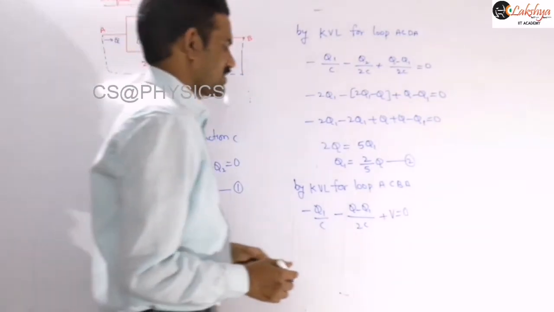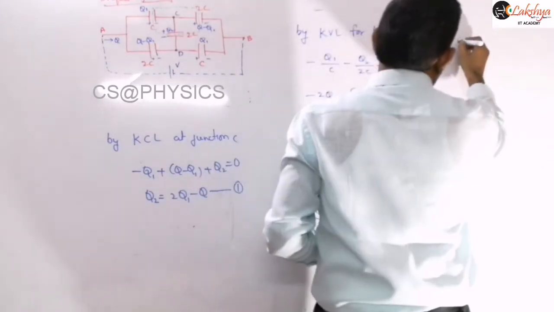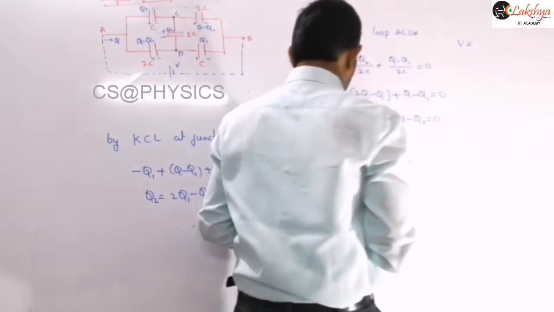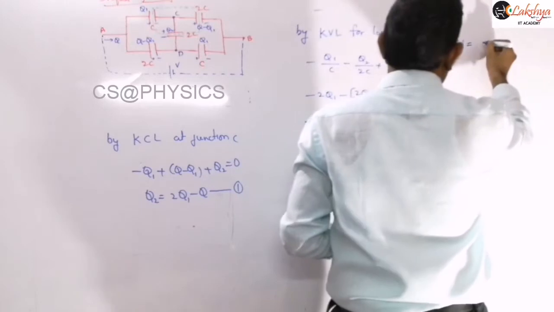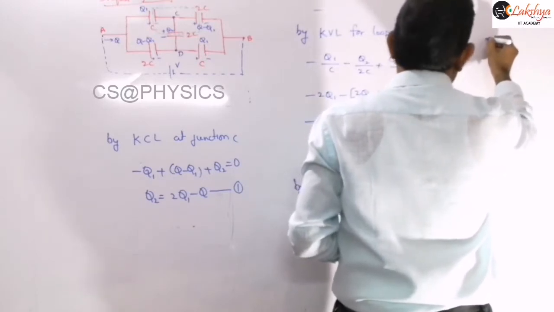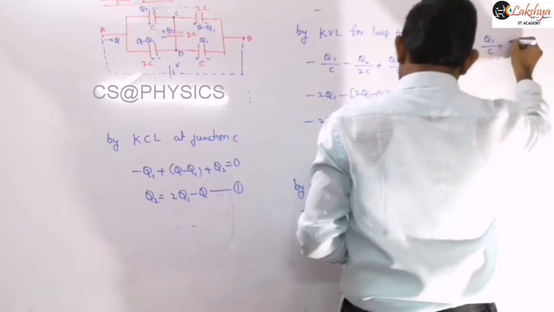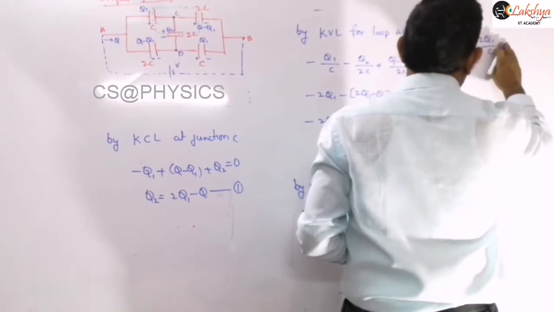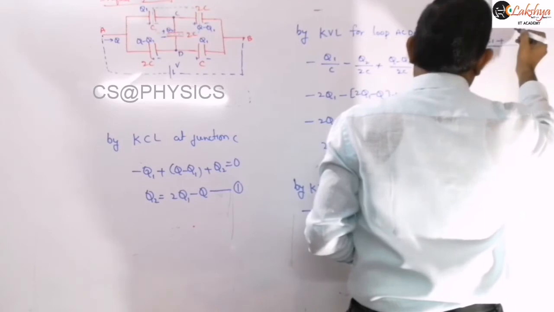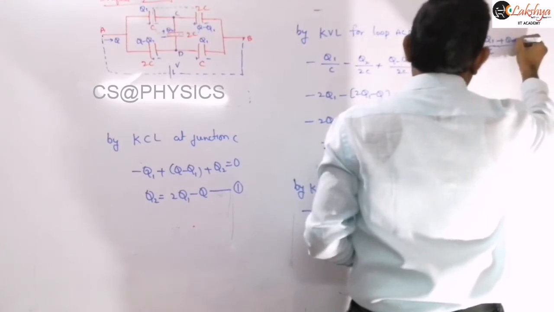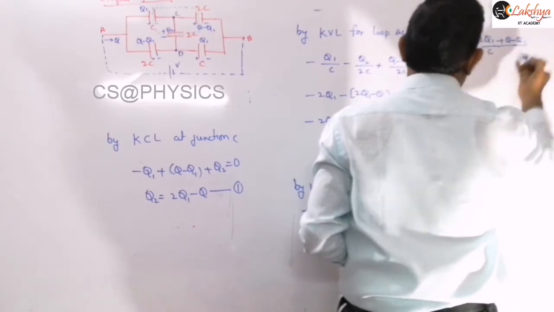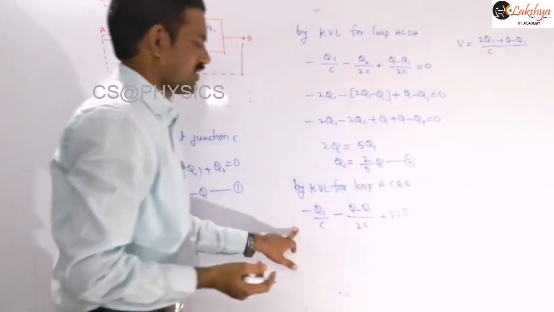Now let us write this equation as V is equal to, and you can simply take the LCM here. So I can write this as Q1 by C plus, or 2Q1 by C plus Q minus Q1. We are just adding these values.